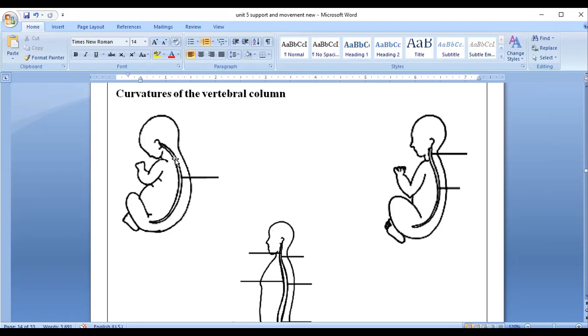Took it? Yes, sir. This picture is there in the resource book. So what is written for the first curve?